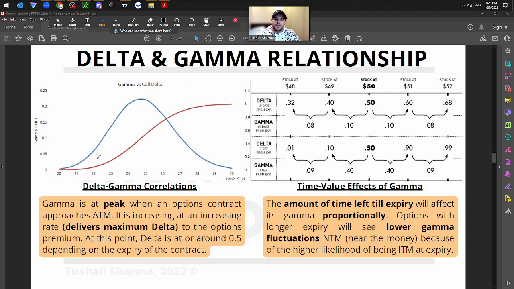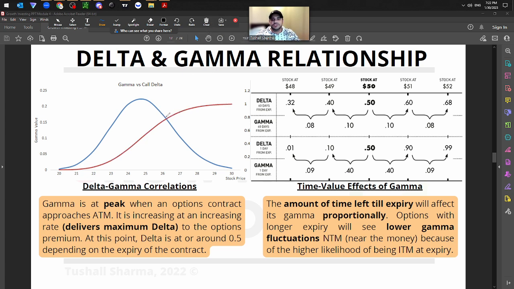Now you'll see for delta, it's kind of like a steady climb, but once it gets to around 0.8 or 0.9, right? It starts to taper off, and getting to 1, which is obviously the max that it can get to, it's a little tough, right?